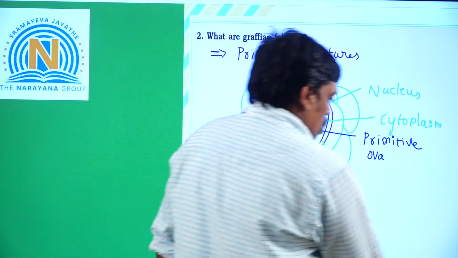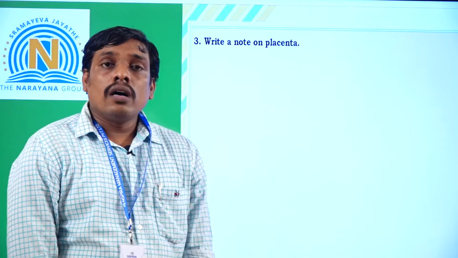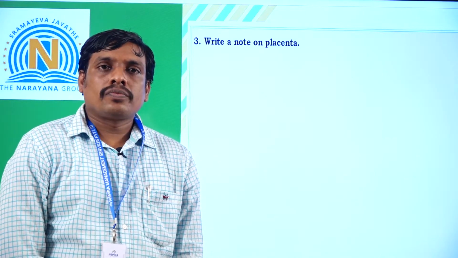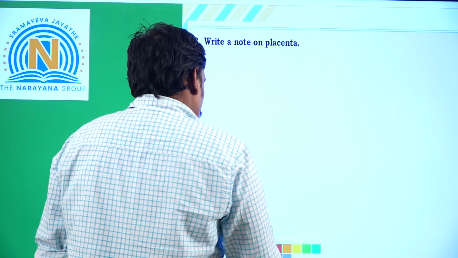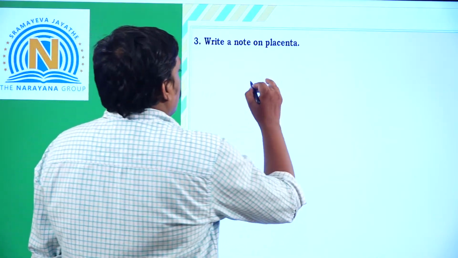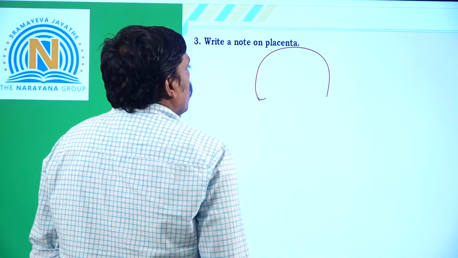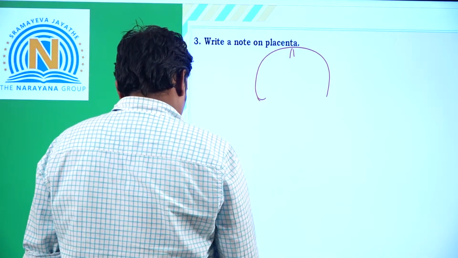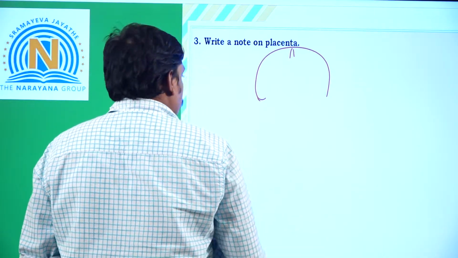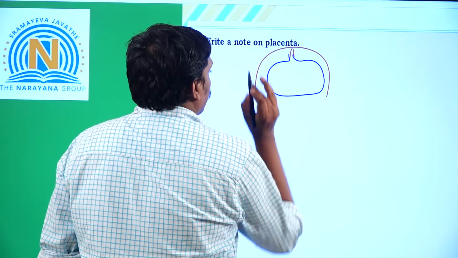Clear, students? Going for the third question. Write a note on the placenta. What is a placenta? For better understanding, I would like to present a diagram. Imagine it is a mother's womb. In this womb, the growing baby is seen as shown in the figure.